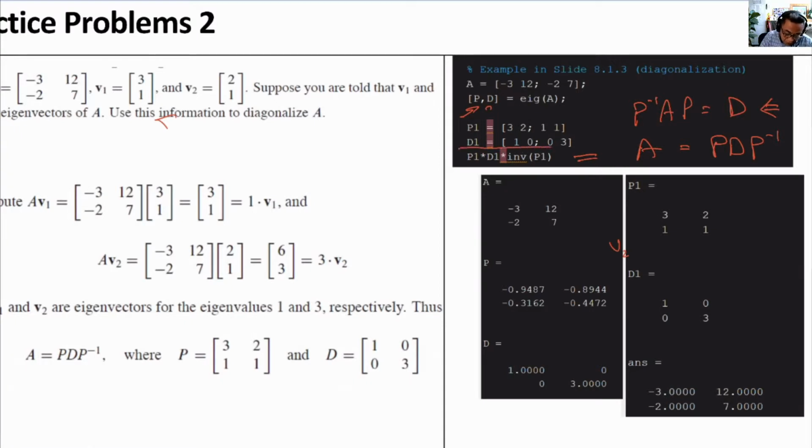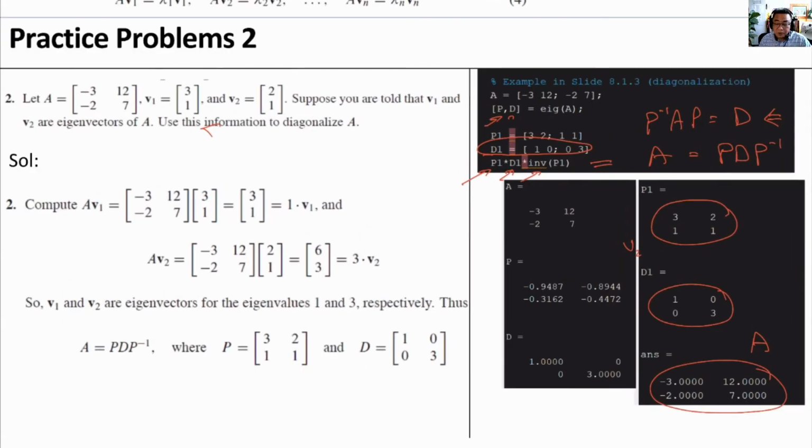So I put D here and compute to make sure that I get the value. This is P, which is what is given to us. This is D, and then we get the same value of A. So you just use MATLAB to do this mechanical computation to see that your algebra is correct.